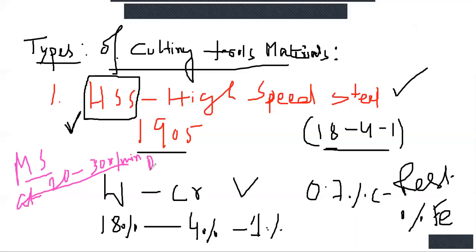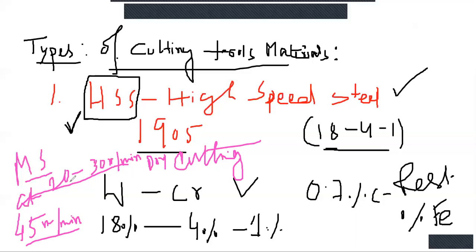This is dry cutting. If we use coolant, that is wet cutting, then the MS rod is cut by the HSS tool up to 45 meters per minute.